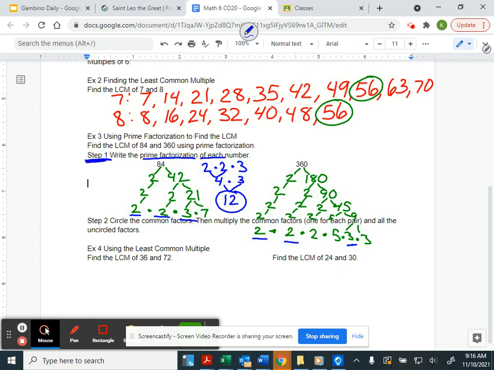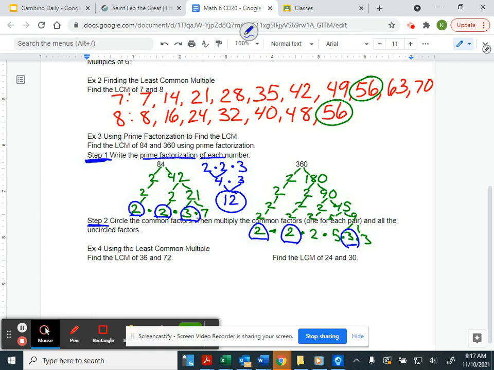Okay. Step 2, circle the common factors. 2, 2, 3, 2, 2, and 3. Okay, so finding those common factors. So it says, then multiply the common factors, 1 for each pair, and all the uncircled.